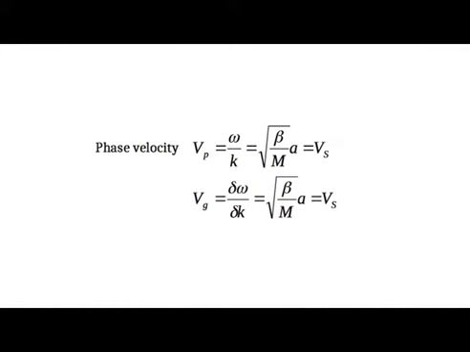And the group velocity, which means you are essentially taking the slope, is equal to delta omega by delta k. In this expression for omega, that again comes to be root of beta by m into a, which is equal to Vs, the sound velocity again.